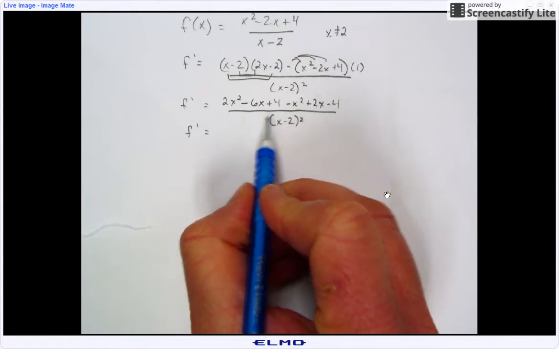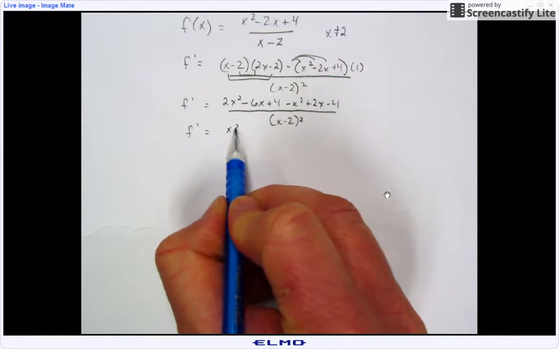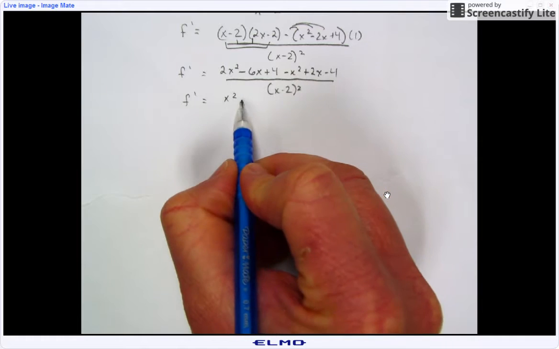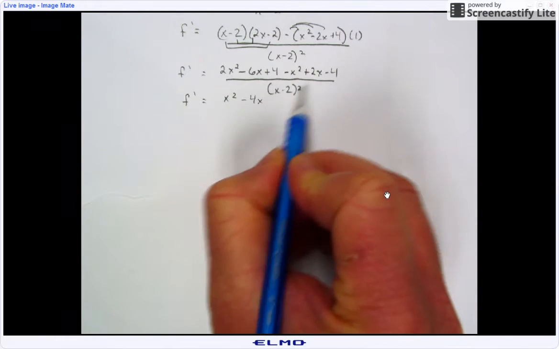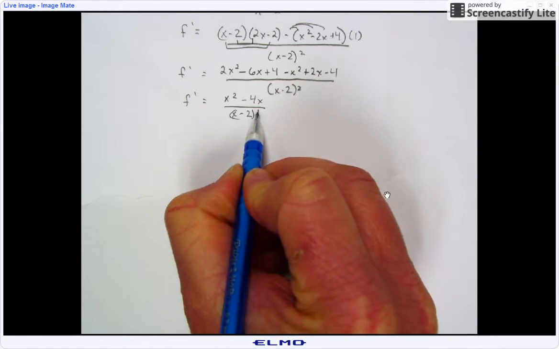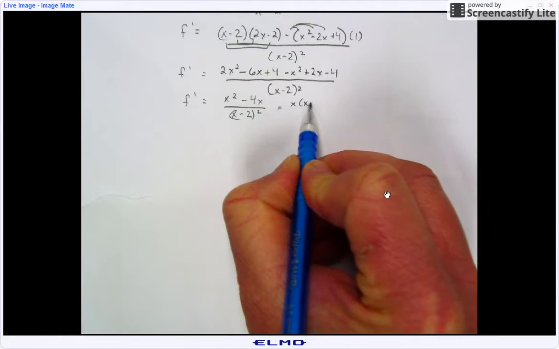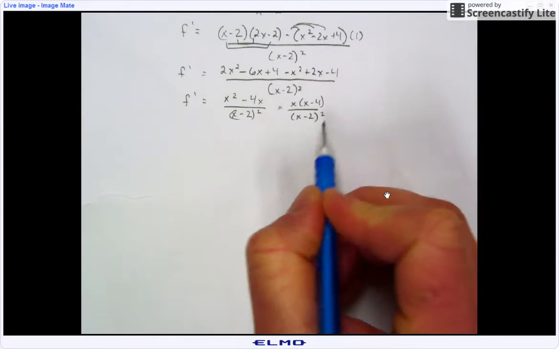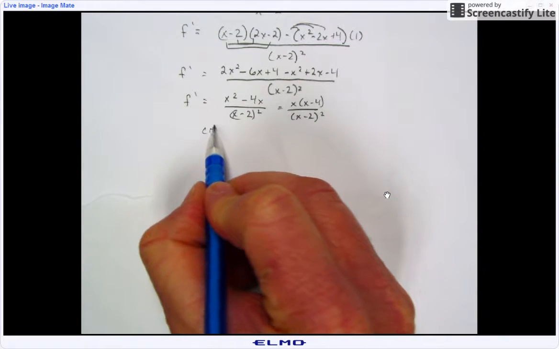So the first derivative, 2x squared minus x squared is x squared. Minus 6 plus 2 is minus 4. 4 minus 4 is 0. X minus 2 squared. So the factored form of this will allow us to find our critical numbers.